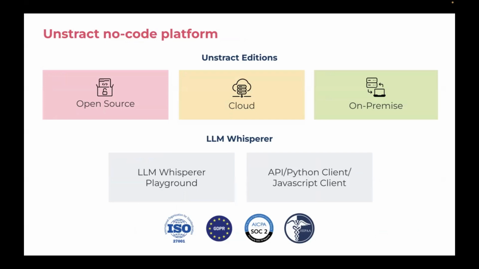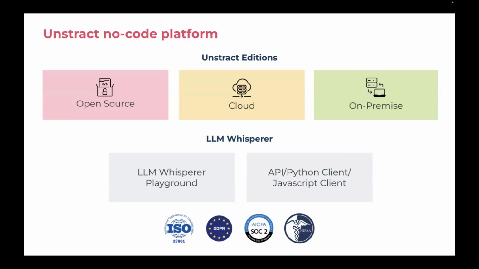When it comes to LLMWhisperer, it is also available as a playground where there's a generous offering of the end-to-end capabilities, and you can test how it extracts the text from your documents. You can upload up to 100 sample pages per day for free and see how it works for your unique business documents.